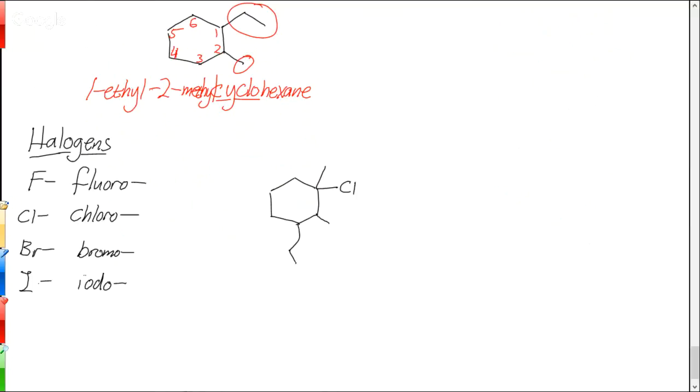Is that one on its own, or is that pointing to the corner? That is on its own. So you've got a carbon here with a chlorine coming off of it, and a methyl.